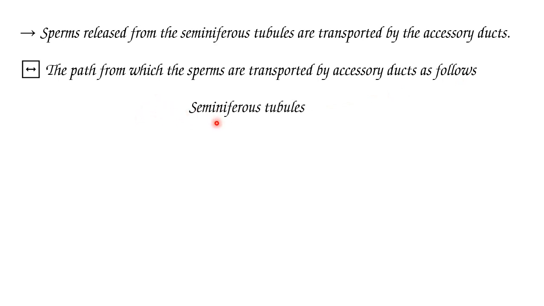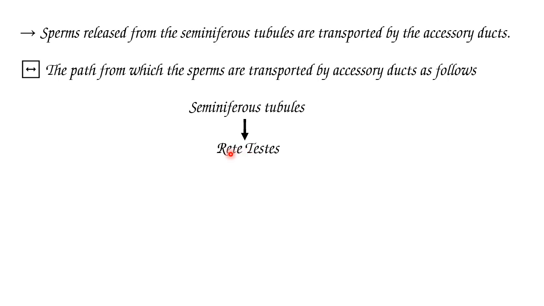Seminiferous tubules are the sites for the production of spermatozoa. From these, the spermatozoa enter into a space called the rete testis.